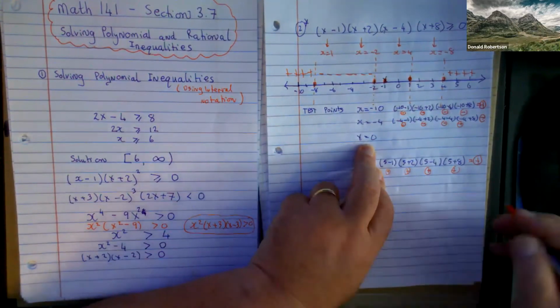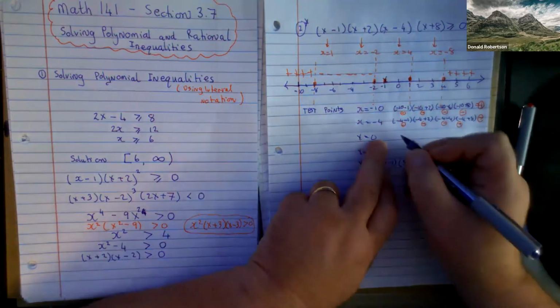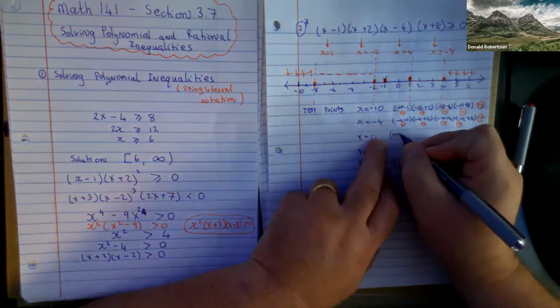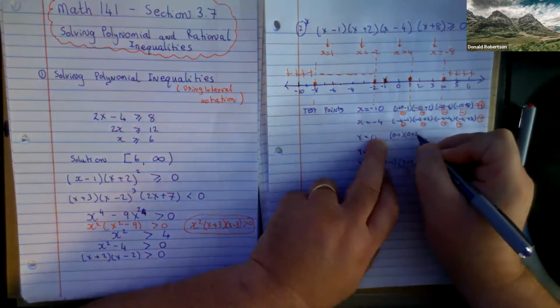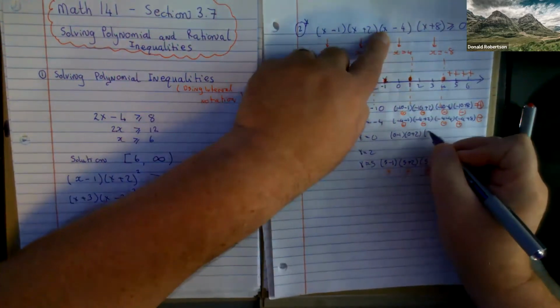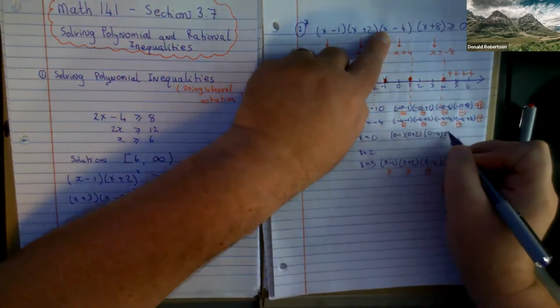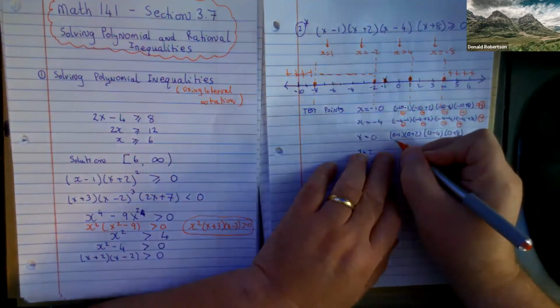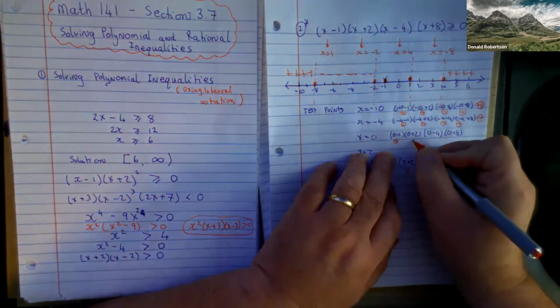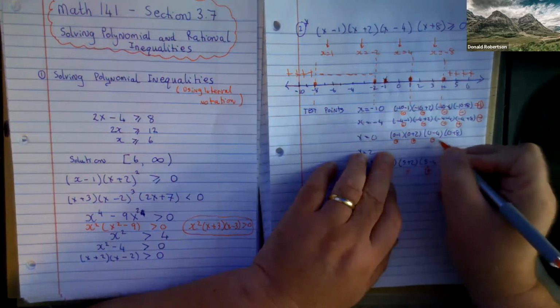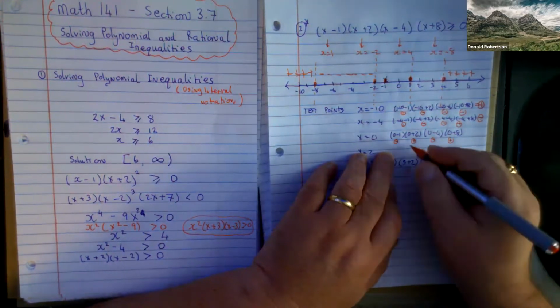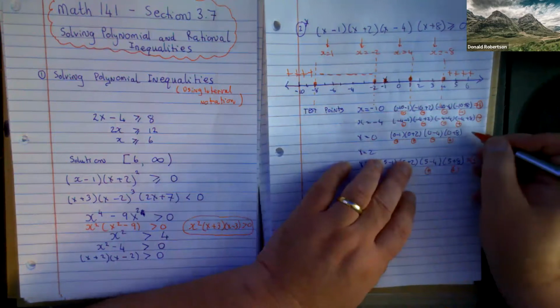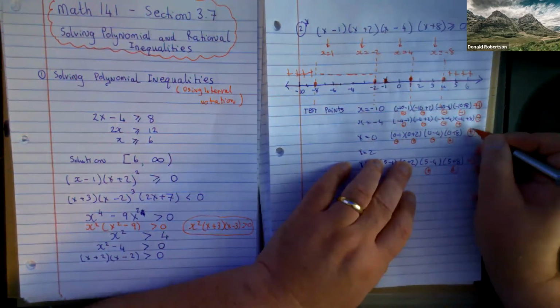Right, x equals 0 now. We get 0 take away 1, 0 add 2, 0 take away 4, and 0 add 8. That's negative, that's positive, that's negative, and this is positive. That combination ends up being positive.